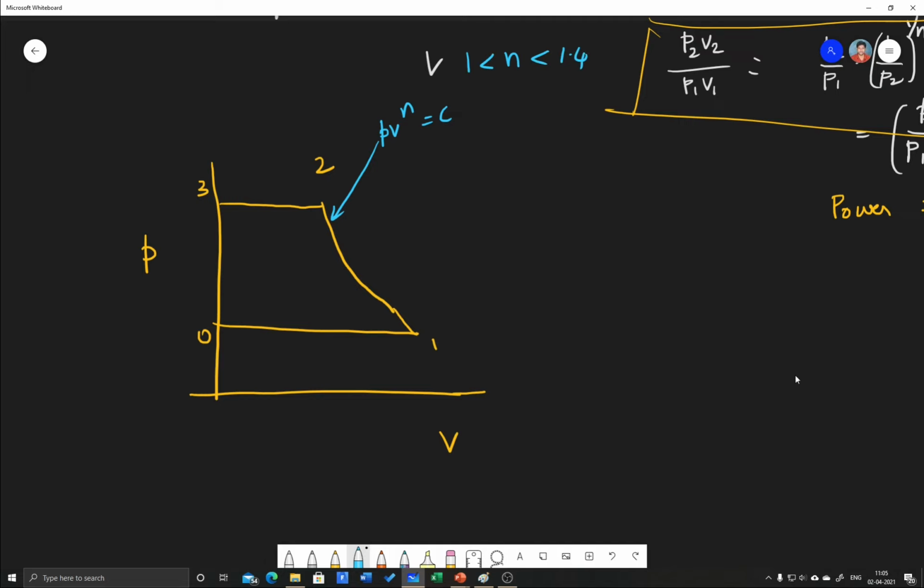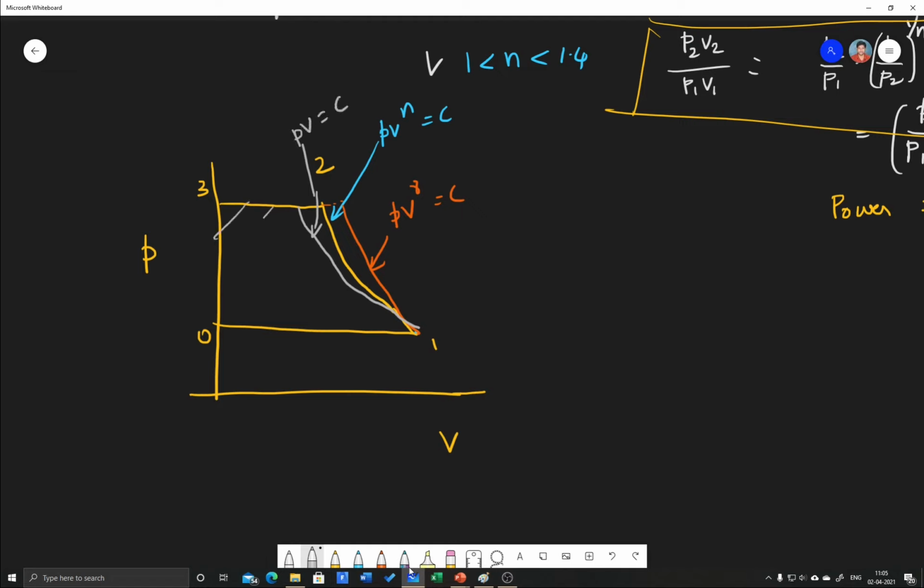If it is PV power 1.4, that will be slightly steeper, so this will be PV power gamma equal to constant. If it is an isothermal process, that will be like this, so this is PV equal to constant.